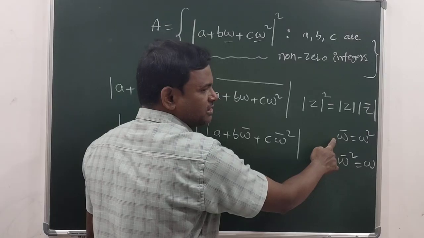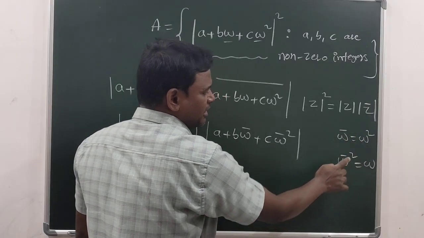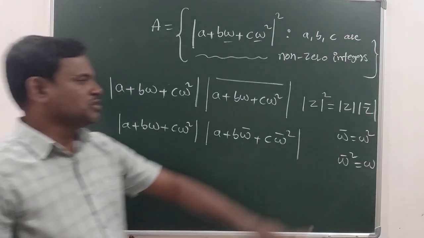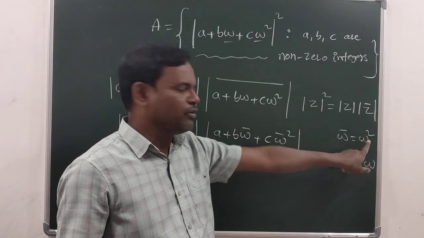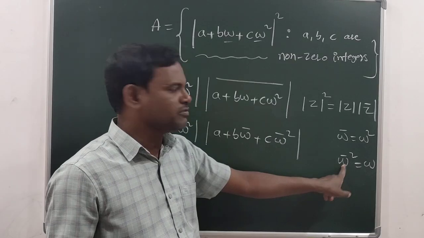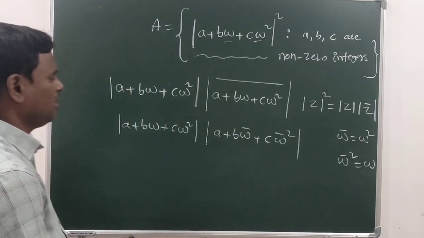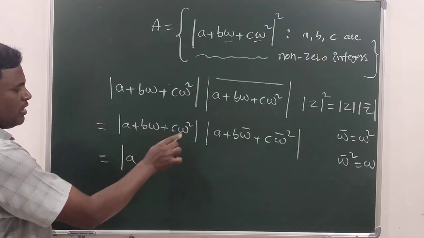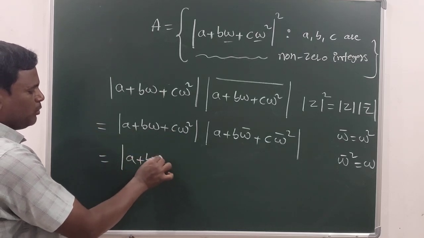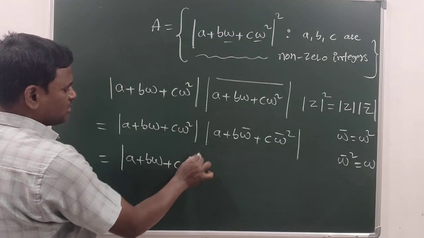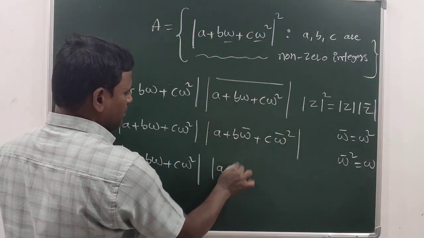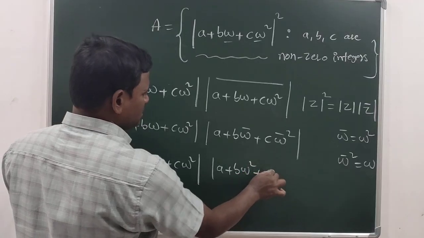If you take the conjugate of omega, you get omega square, and the conjugate of omega square gives omega. So in the next step I write the first factor as it is, a plus b omega plus c omega square, and replace omega bar by omega square: a plus b omega square plus c omega.